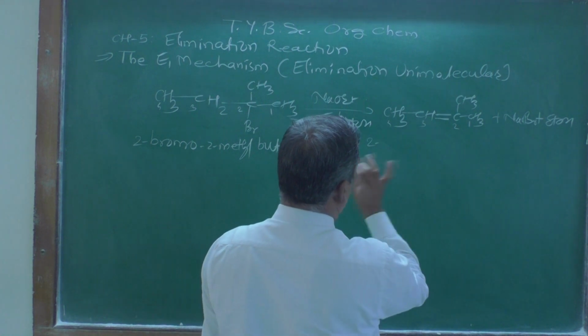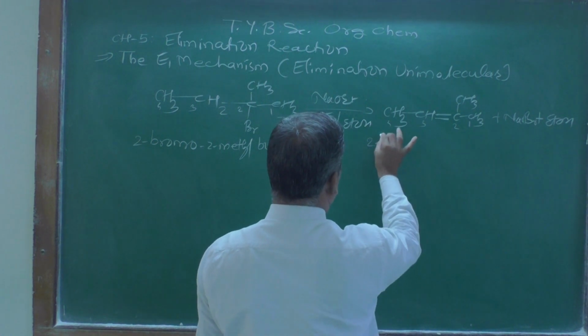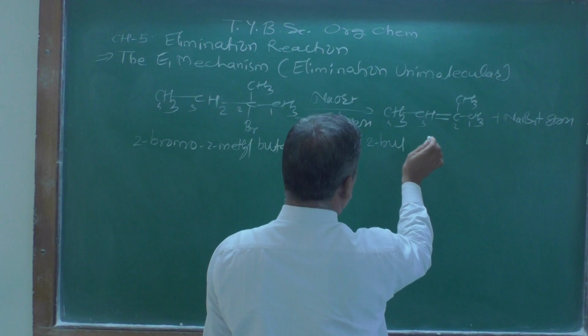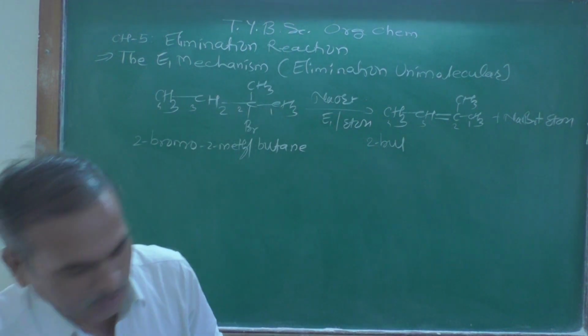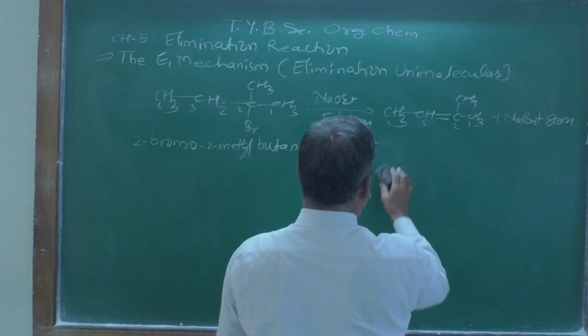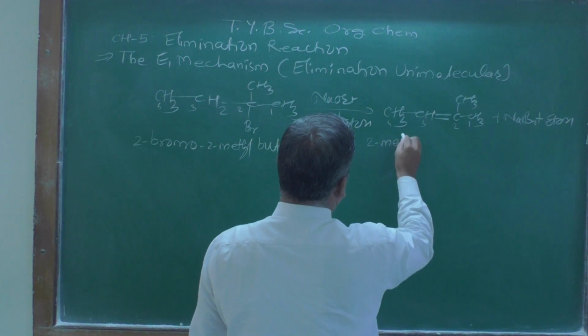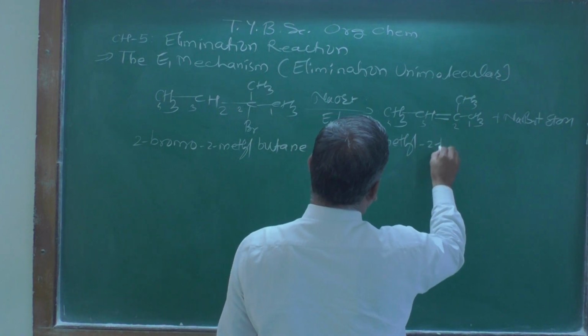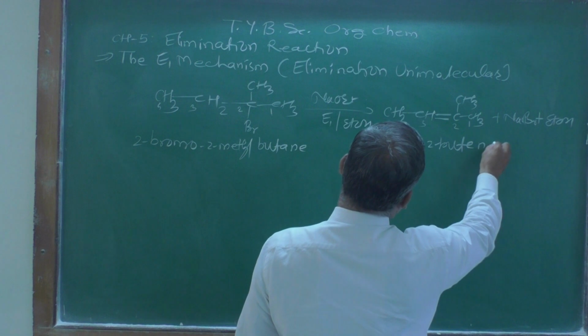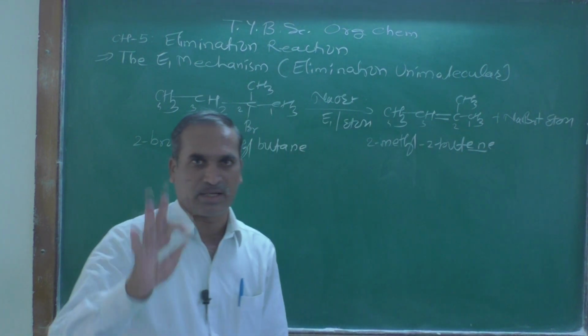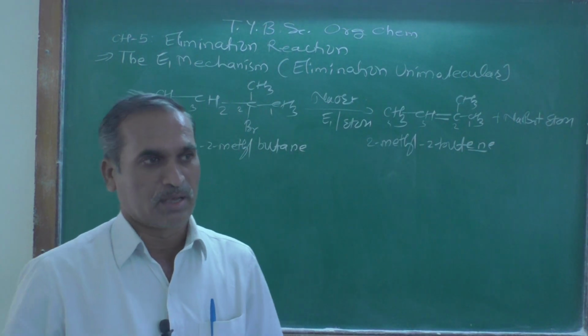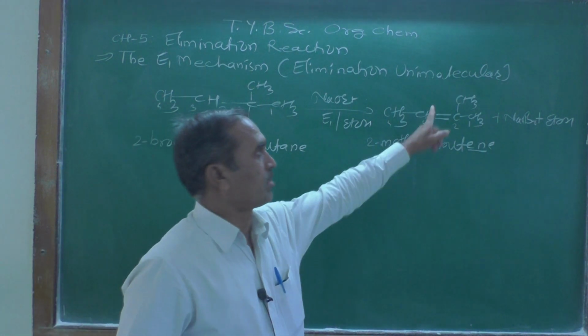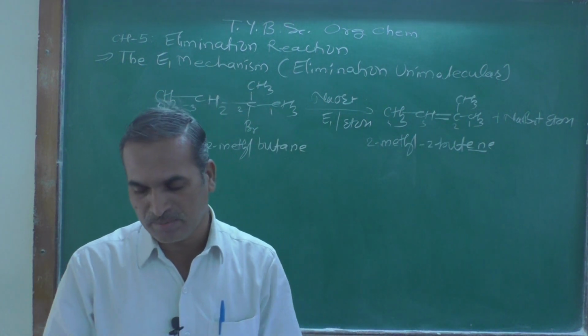Therefore the correct IUPAC name of this compound is 2-methyl-2-butene. The suffix ene clearly indicates that there is a carbon-carbon double bond, and the number indicates the position of that double bond.